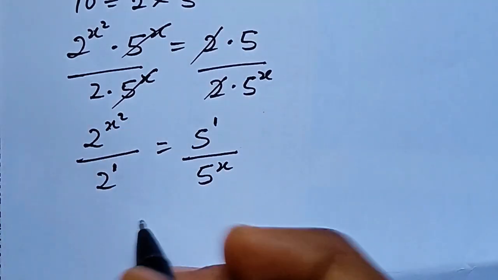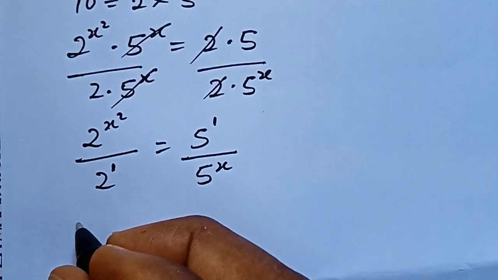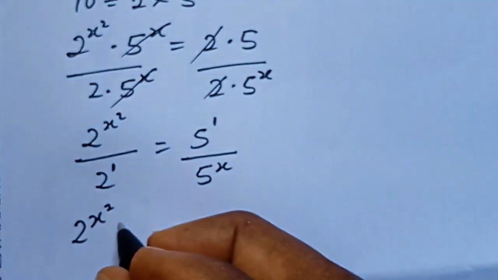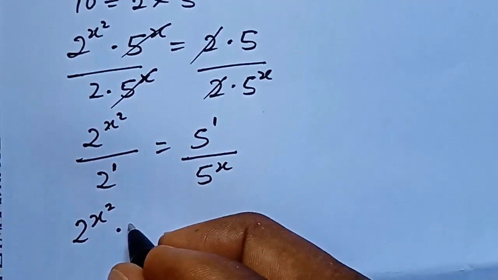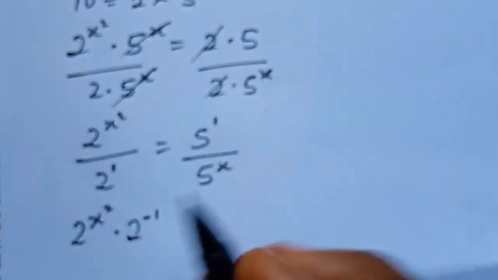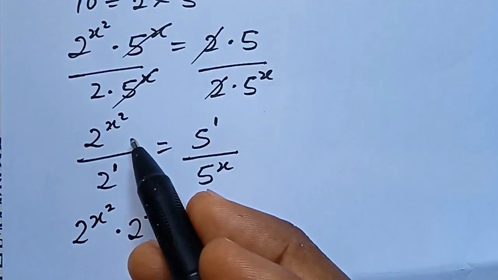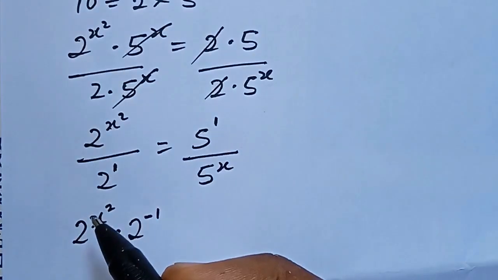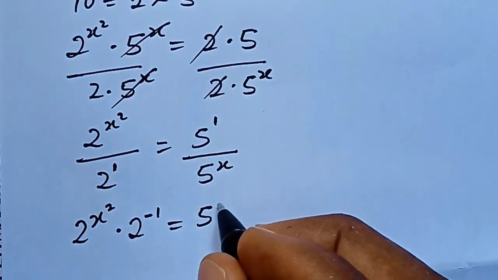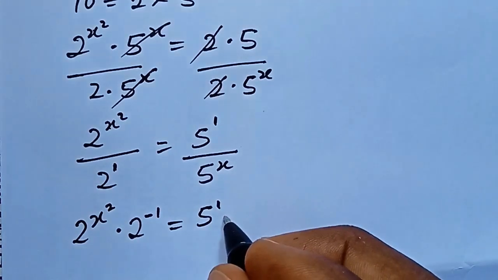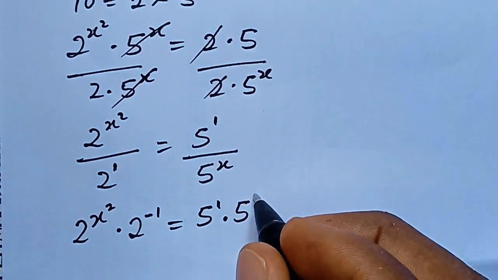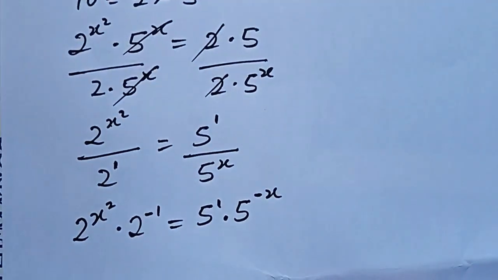From here, our next step will then be 2 raised to power x raised to power 2 multiplied by 2 raised to power minus 1. So this will come back to this using the rule of indices. And that gives us 5 raised to power 1 multiplied by 5 raised to power minus x.